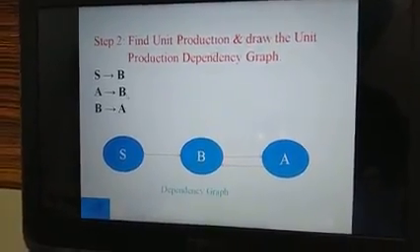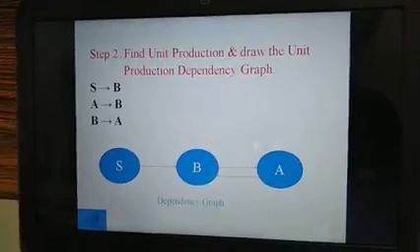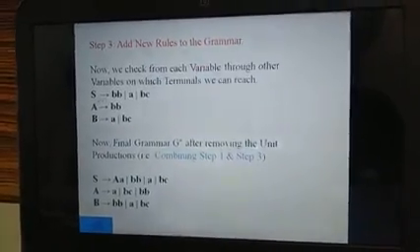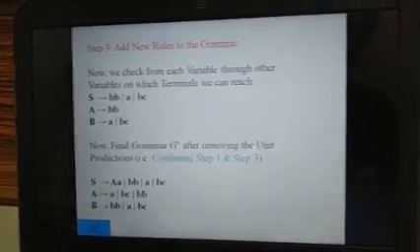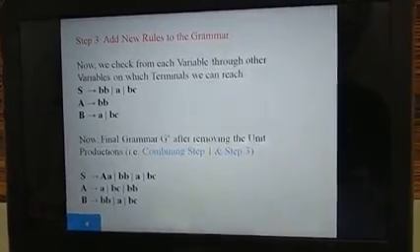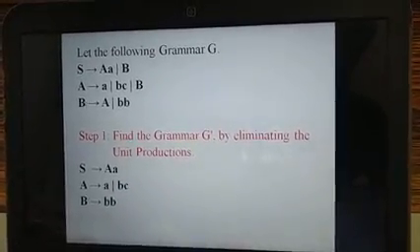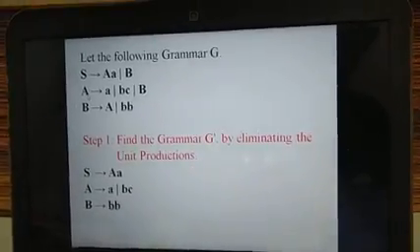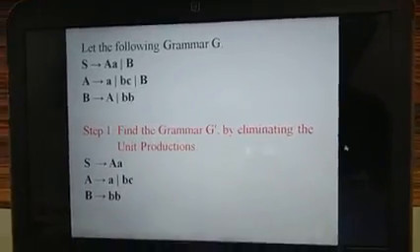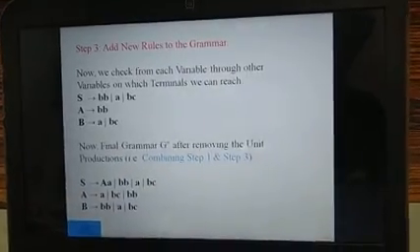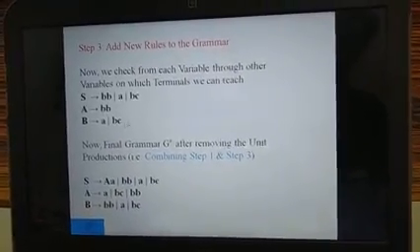S produces B, and from B we can reach also A. So S produces BB, then ABC, which we take from the actual grammar. S produces B, then B produces A. So from A we get A and BC, and from B we get BB. Right? Continuing in this way, we get these new productions from the dependency graph.